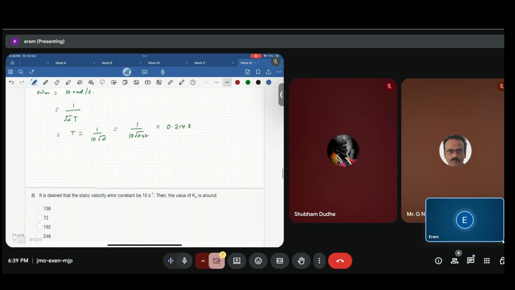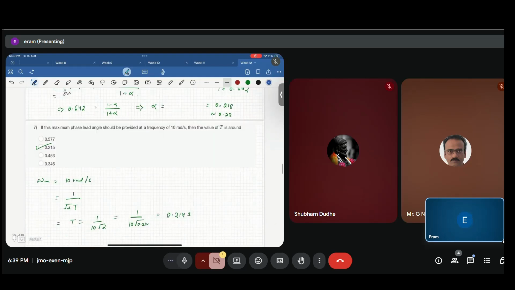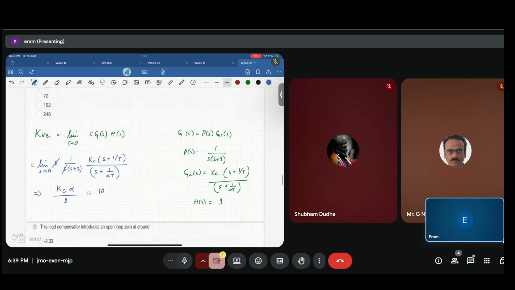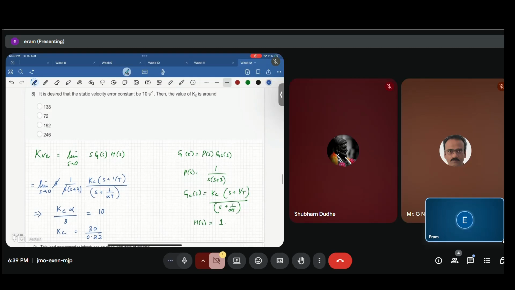And alpha we have already calculated, which was 0.22. So Kc should be 30 divided by 0.22. How much will it come? You will get a value of around 138.